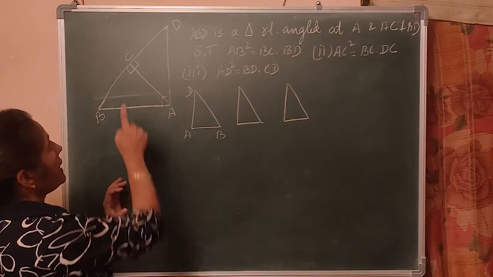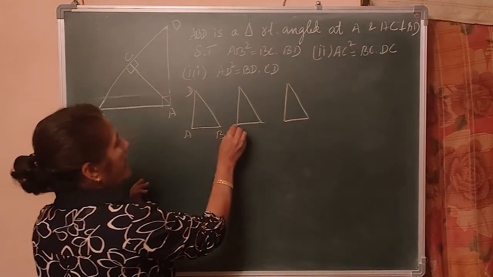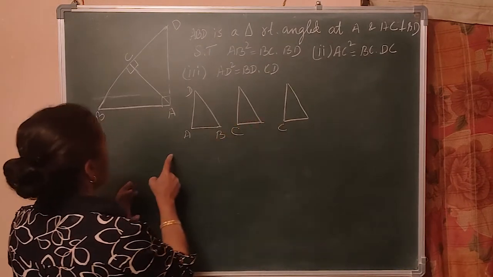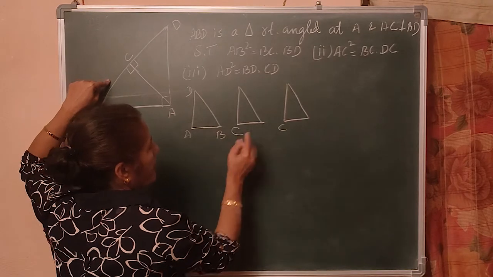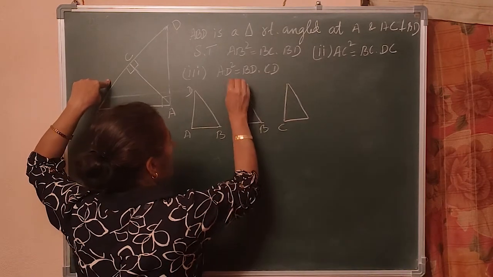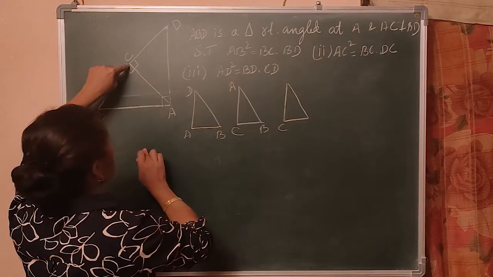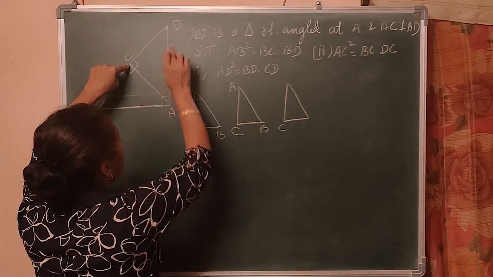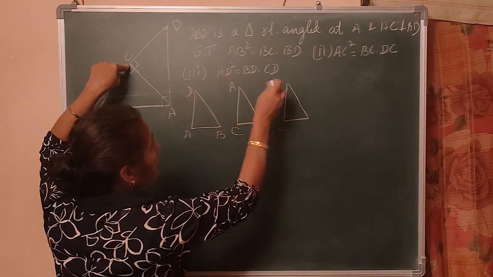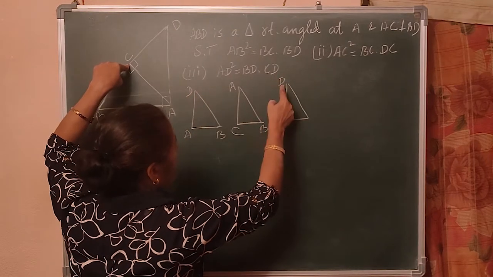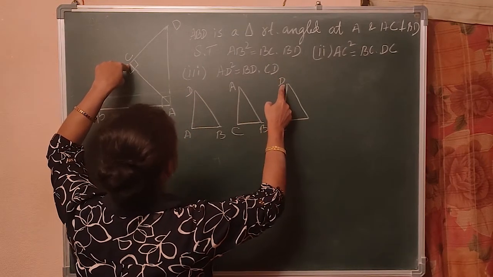Am I right? The other two are right angled at C. One is CBA. We have to take B down. Another one is CAD. So where D should come, here I put D because it will be the common angle.